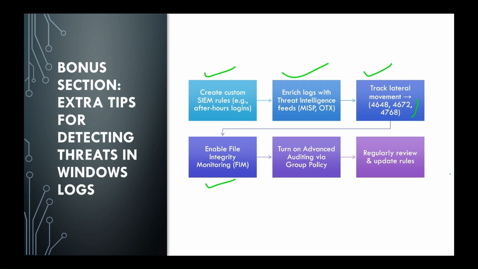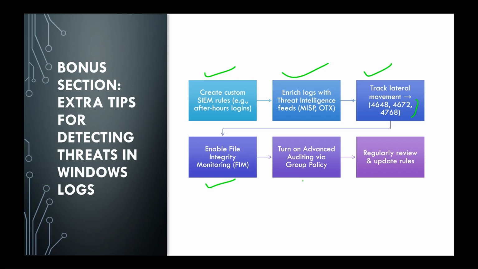And then number four, implement file integrity monitoring, the FIM. File integrity monitoring allows you to track changes to important system files or directories. If you are not already using FIM, it is a great addition to your security monitoring toolkit. It can help you detect malicious modifications to system files, unexpected file access or deletions, and new or unauthorized executables on the system.